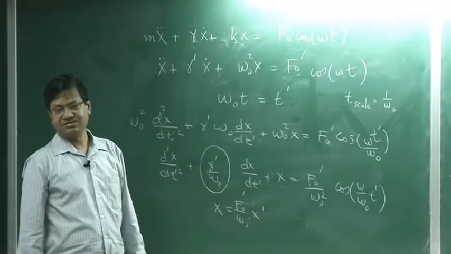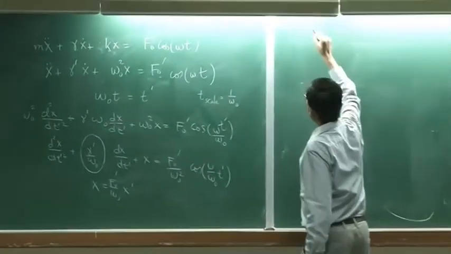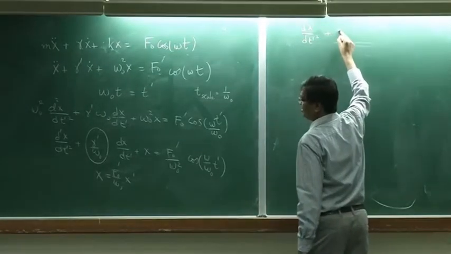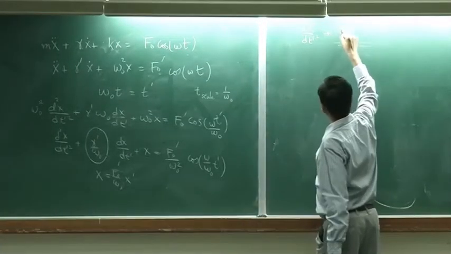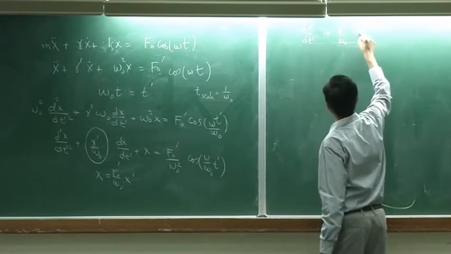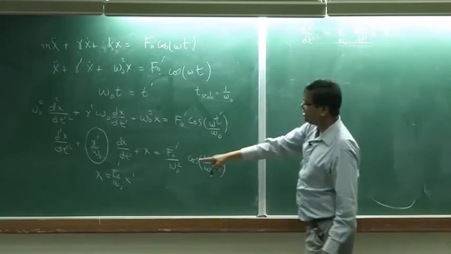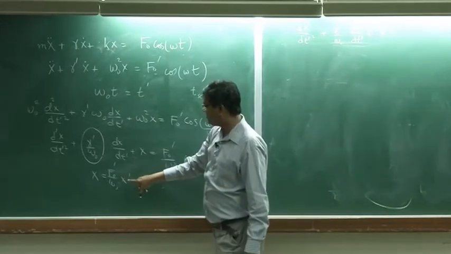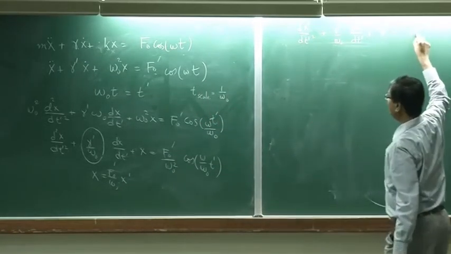Now x prime is dimensionless, and then d squared x prime by dt prime squared plus dx prime by dt prime plus x prime. I am replacing x by this quantity multiplied by x prime, so this will cancel from both sides. That goes away and I get cos.